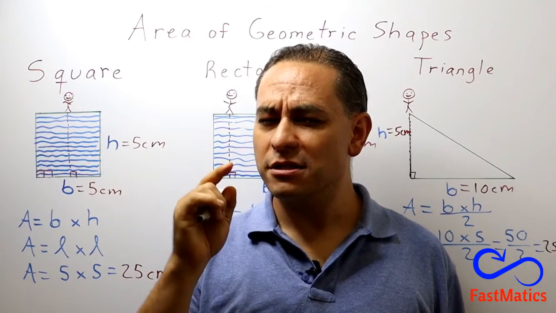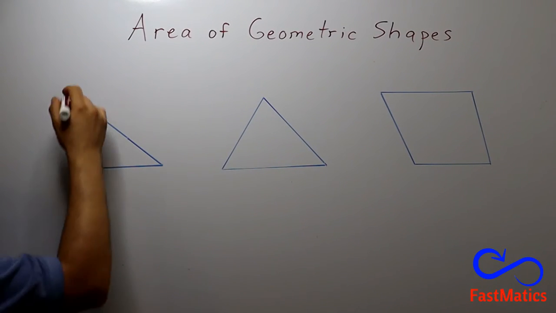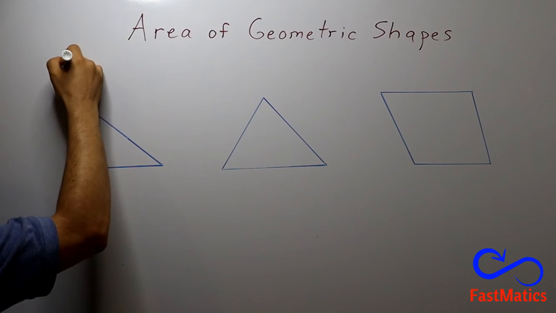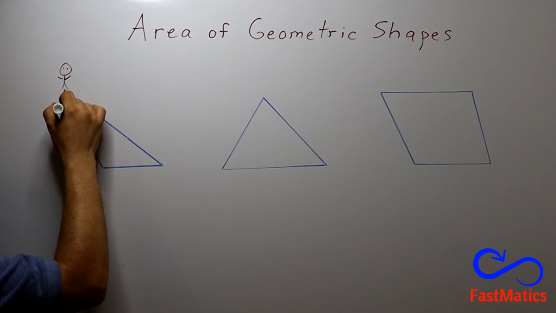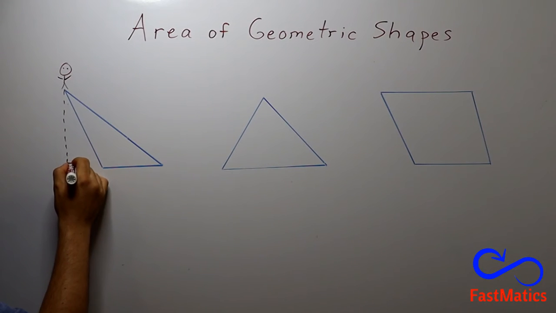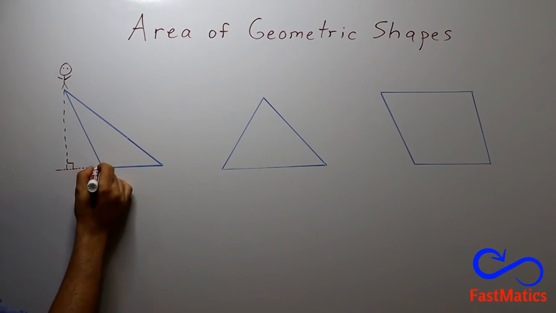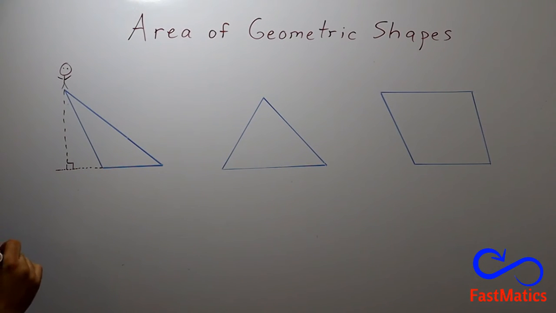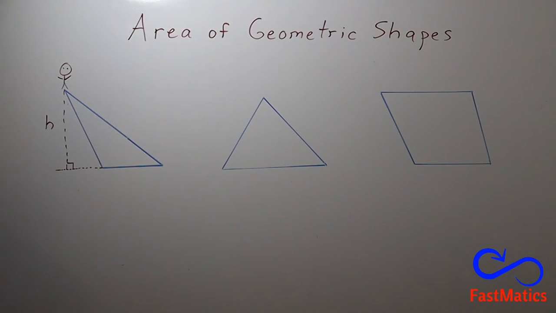But we are going to see more examples. So imagine we want to know the height of this triangle. So I climb, I'm here, and I throw a rope to the ground. See that here we have 90 degrees. Here we see the floor, the ground. Okay? So this is the height of this triangle.